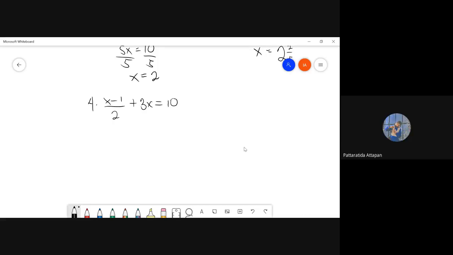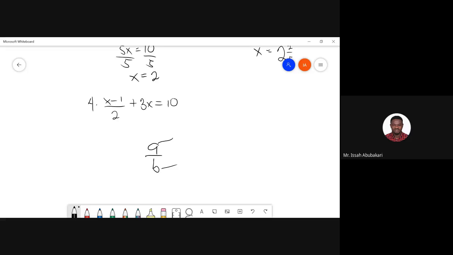I said when you have a fraction, always you go for the one below. A is the numerator and B is the denominator. So anytime you have a question like this, look for the one that is a fraction.